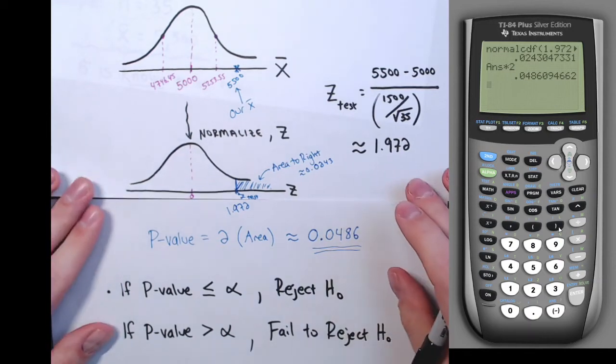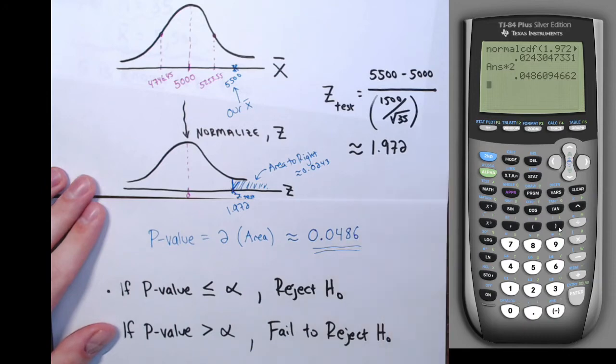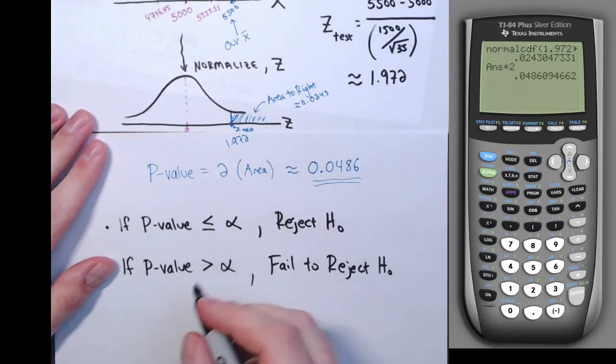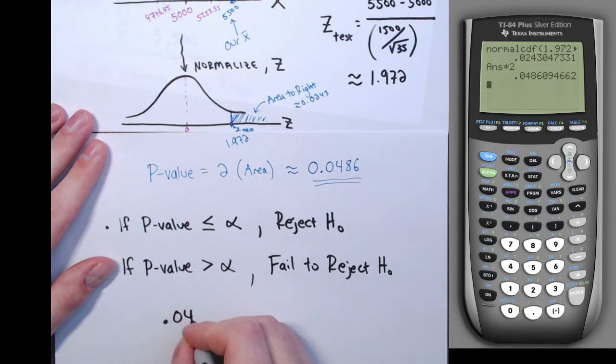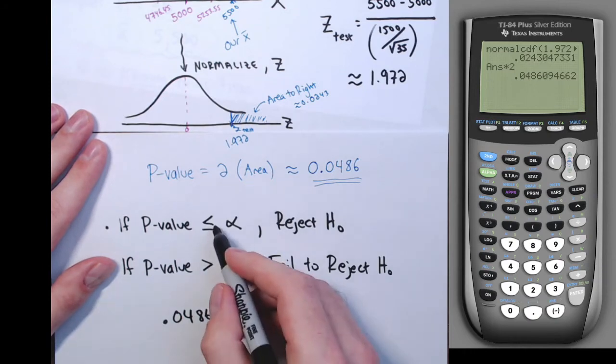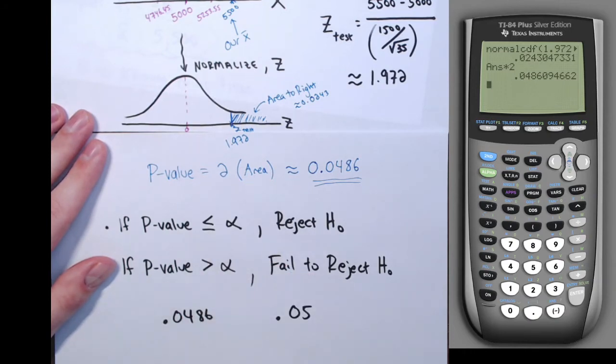All right, so remember alpha here was 5%. Alpha was 0.05. So I'm going to take my p-value, which was 0.0486. Which inequality do these numbers satisfy? Well, this is not greater than 5%. It's actually less than or equal to. Right?